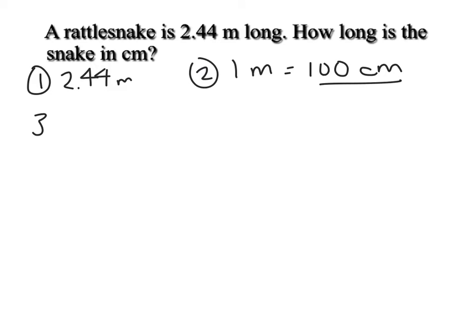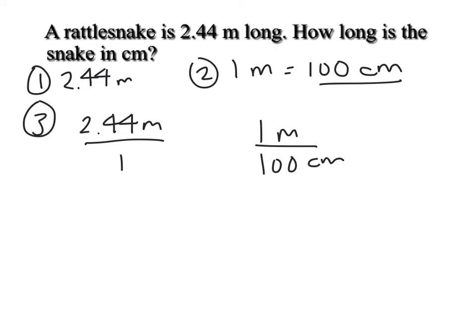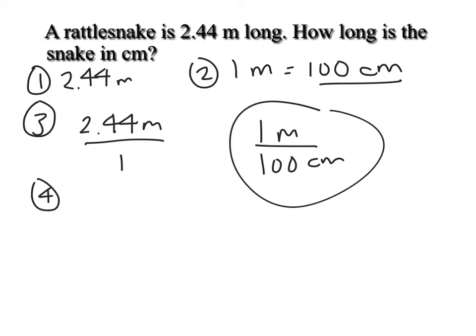Step number 3 says to write both quantities as a fraction, so 2.44 meters over 1 and 1 meter over 100 centimeters. Step number 4 says to flip your conversion factor so that meters cancels.